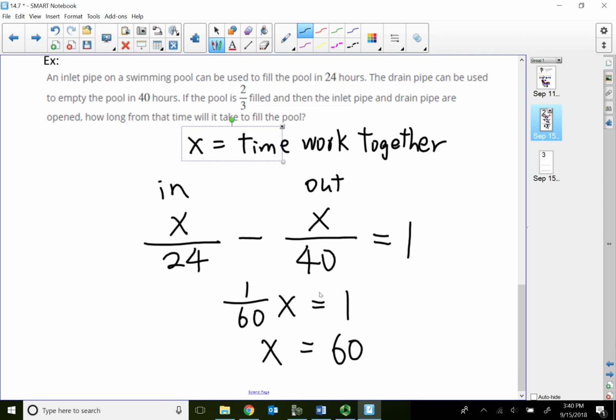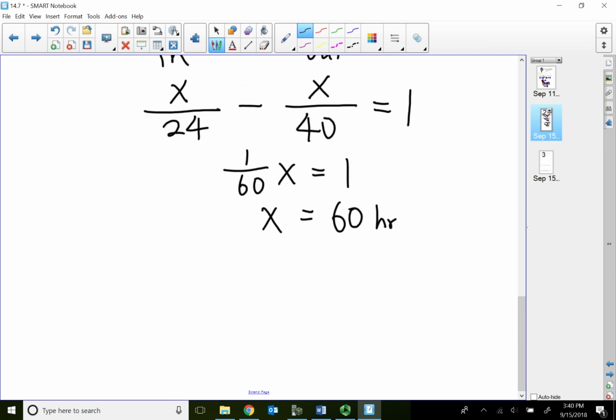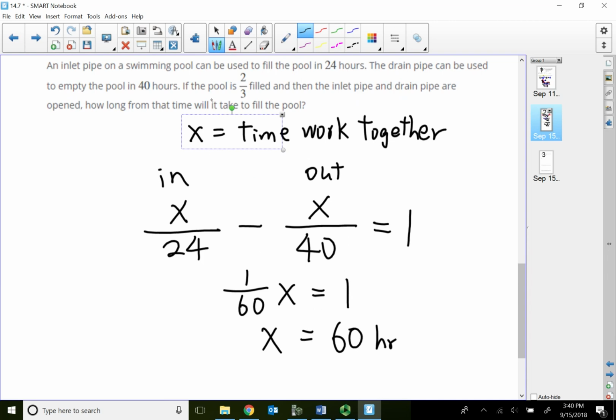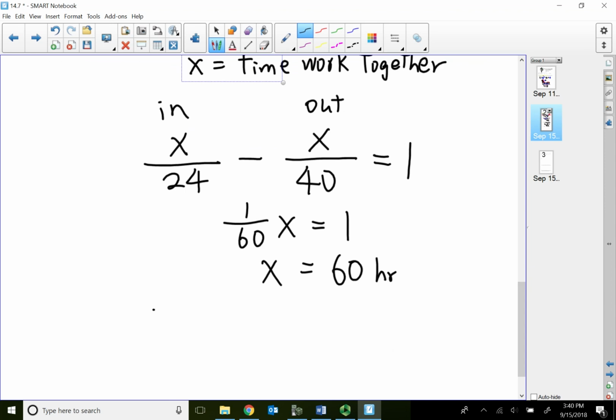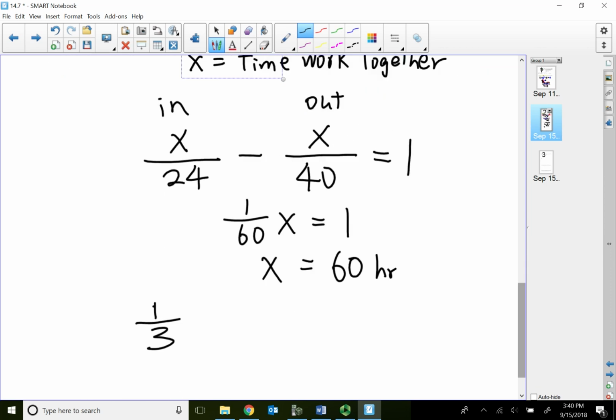All right. So this 60 means 60 hours working together to fill the pool when it was empty. All right. So if the pool is 2/3 filled already, that means it only needs to go another third of the way to fill the pool.